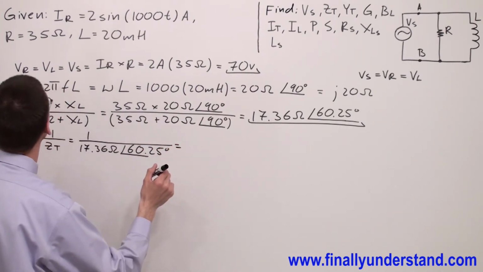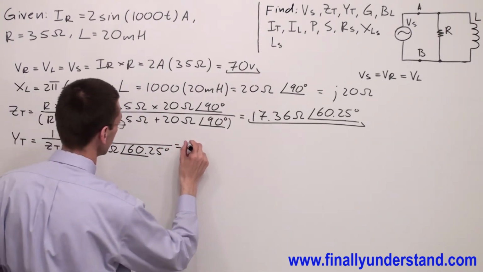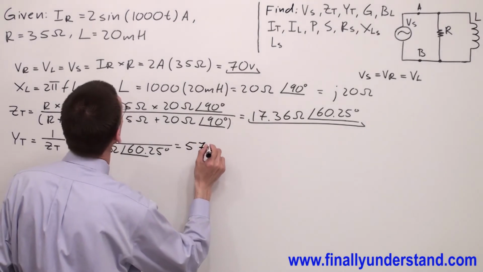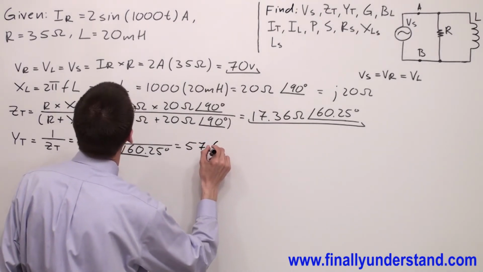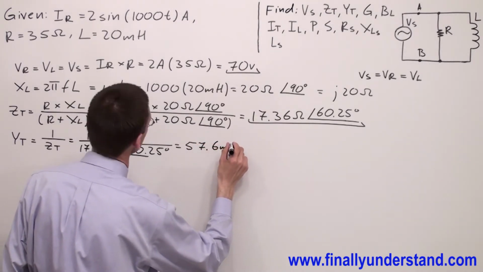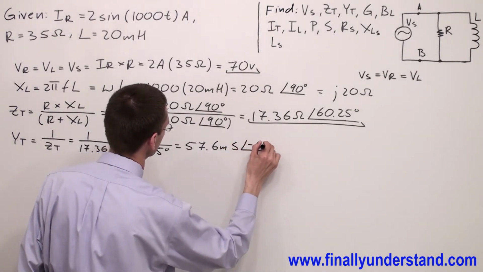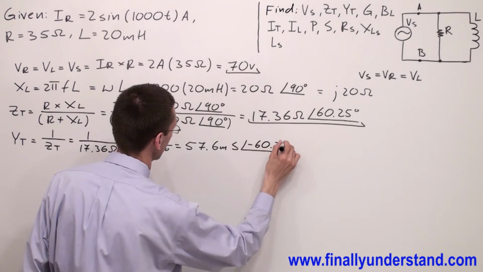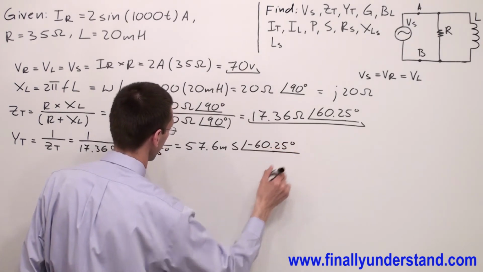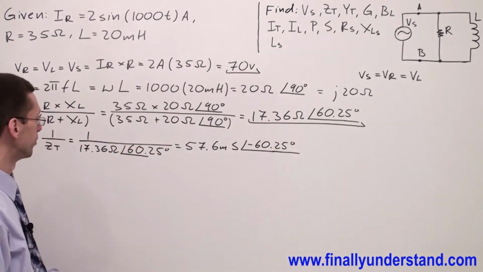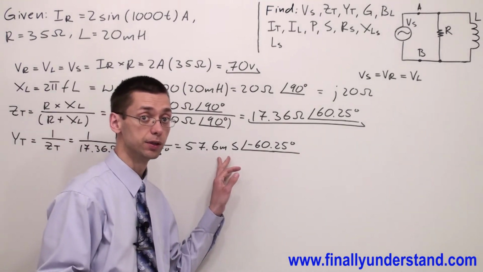So this is equal to 57.6 millisiemens and angle of negative 60.25 degrees. So this is my total admittance.